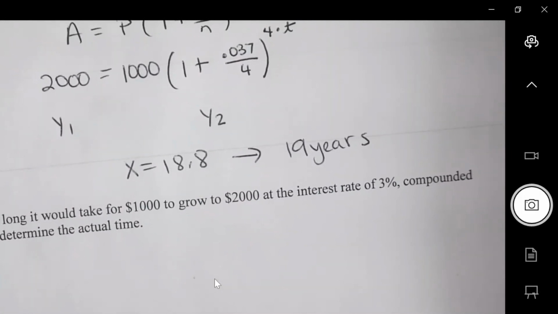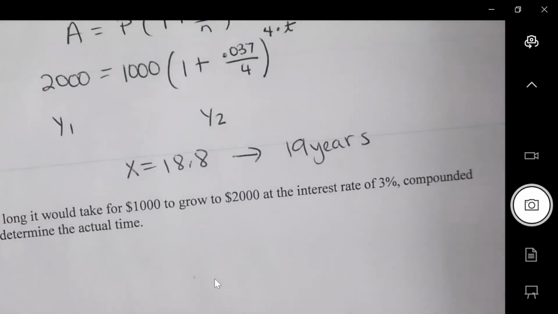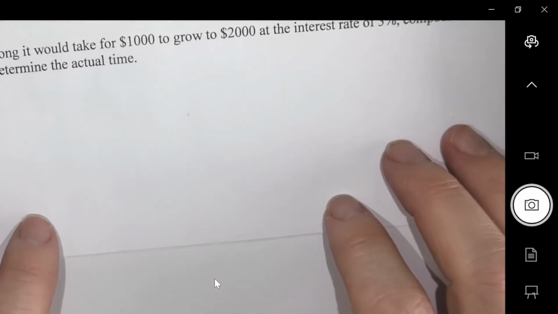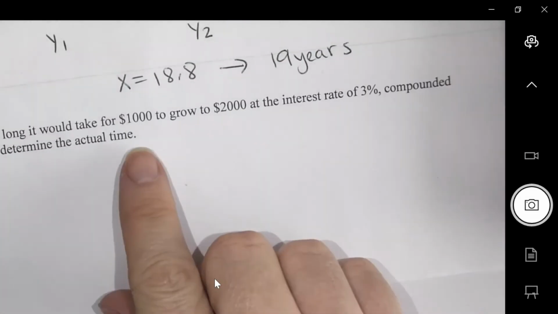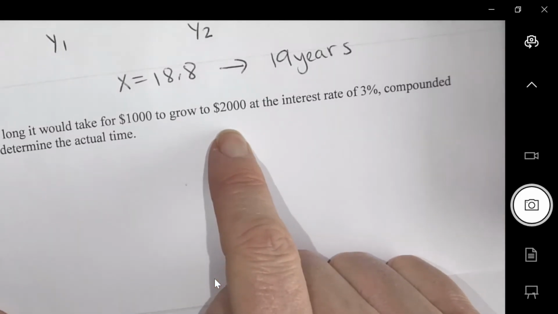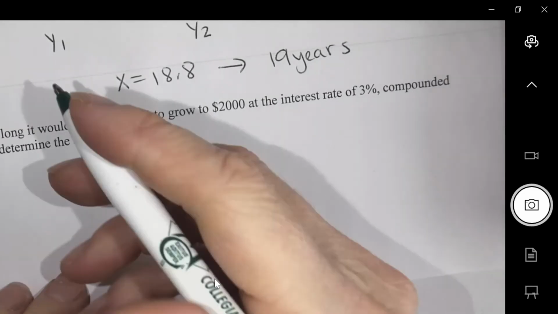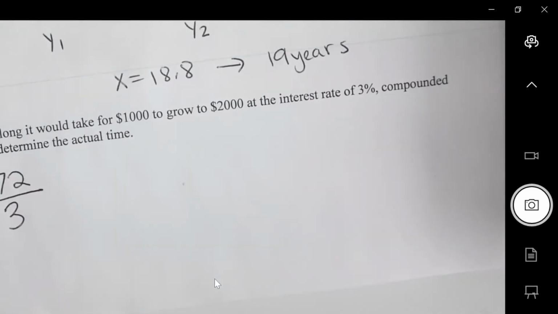Estimate how long. Ooh, estimate. I've got a strategy already if I read that word. Rule of 72. As soon as you see that, we're estimating how long to double our money. On that formula, you leave the interest rate as is.